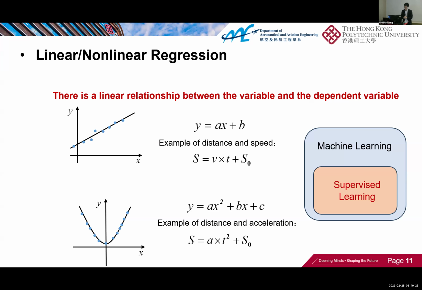The example is distance and speed: based on speed, you can calculate the distance. The second example is distance and acceleration, like y equals ax squared plus bx. Because we have the quadratic term, that's going to be a nonlinear case. Here the distance is related to the acceleration, and this is the initial guess.